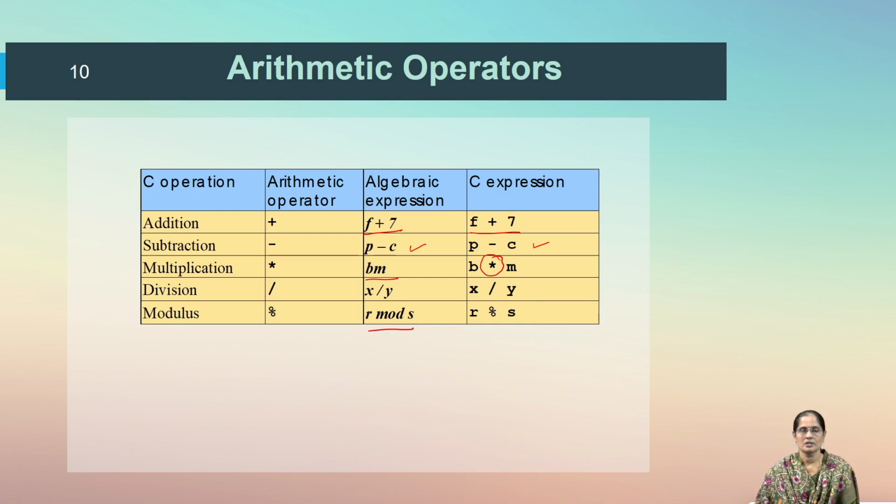In an algebraic expression we use the mod operator, while the same modulo division operator can be used with the percentage symbol when converting to a C expression.